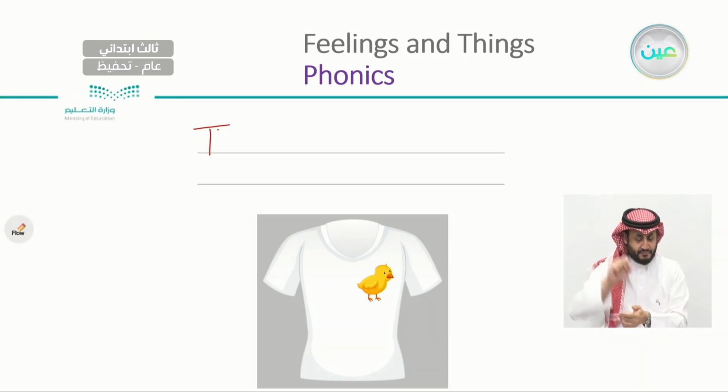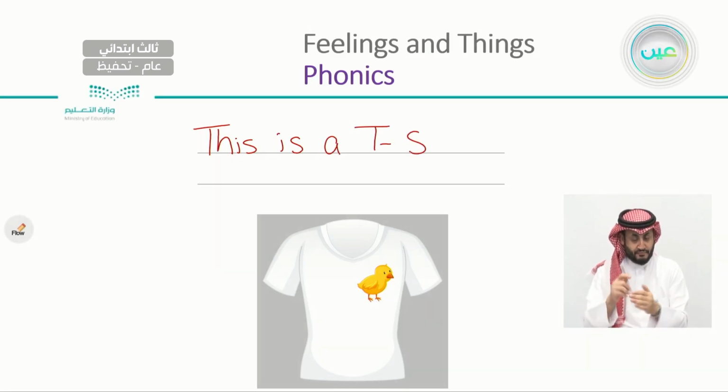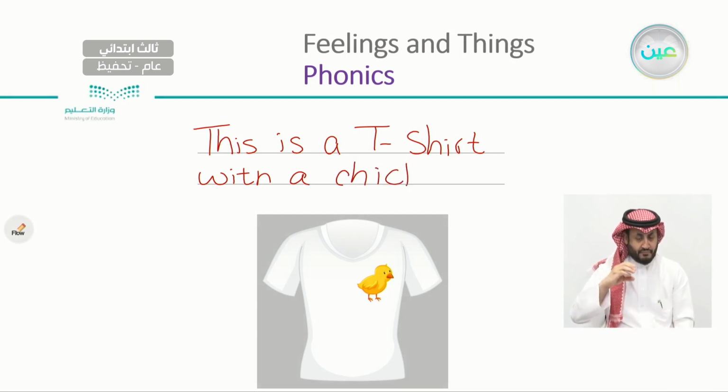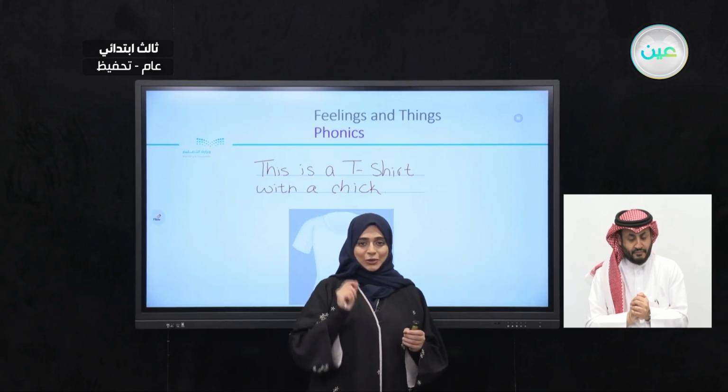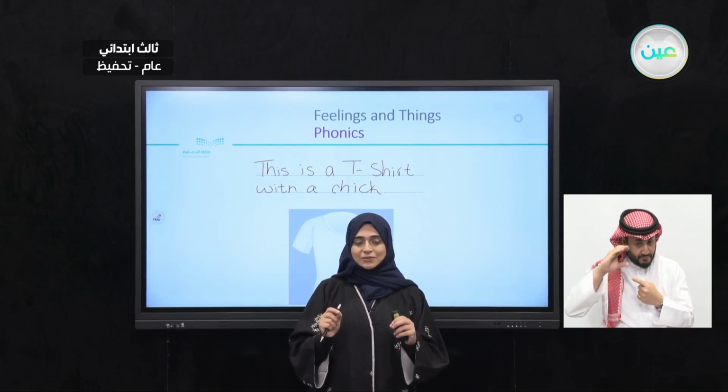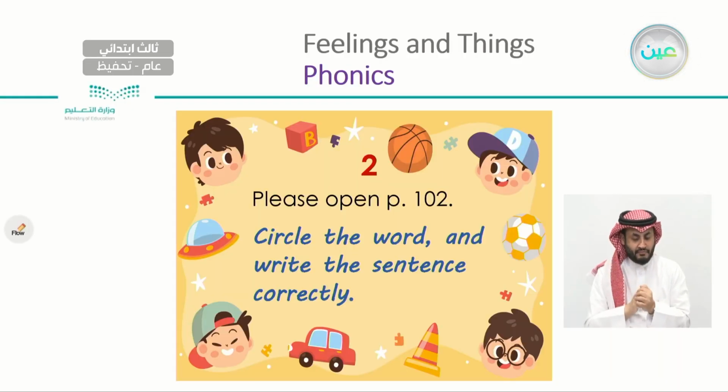This, remember, this is a T-shirt with a picture of a chick. Okay, I just made that t at the beginning so you can notice that this is a CH. You see the difference between the CH and the SH? Okay. Now we're going to continue.